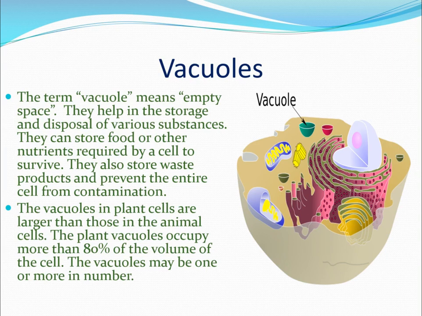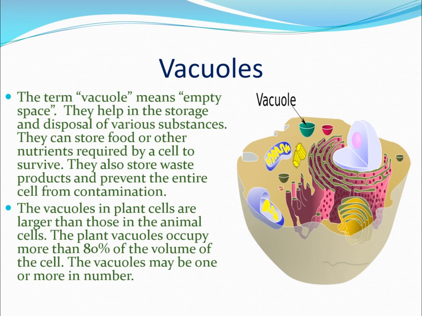We have discussed this beforehand. The plant vacuoles occupy more than 80% of the volume of the cell. So the organelle called vacuole we can see in plant cells, and plant vacuoles can occupy 80% of the total volume of the cell. Plant vacuoles may be one or more in number.